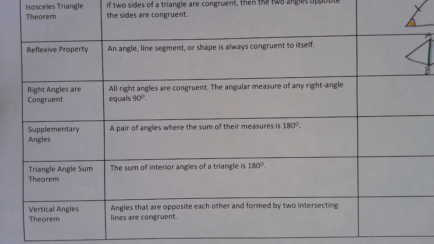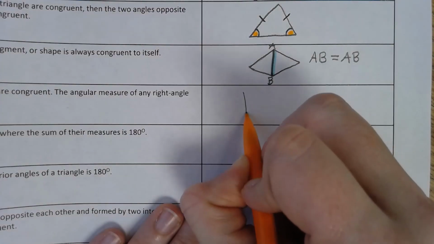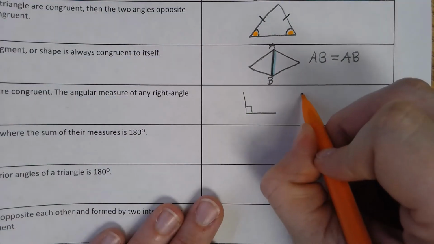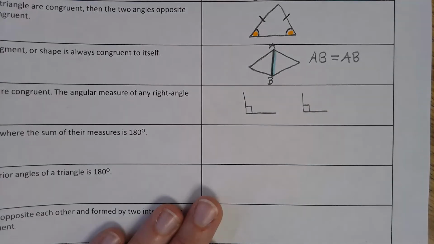Our next one, right angles are always congruent. So again, another one that seems to be common sense, but it's one that is true. Right angles are congruent. And because with similarity we need congruent angles, this will be handy. So if you have a right angle, then that means it's going to be congruent to all other right angles.